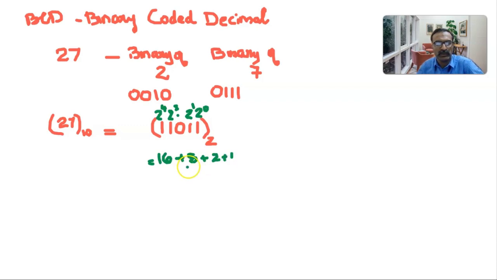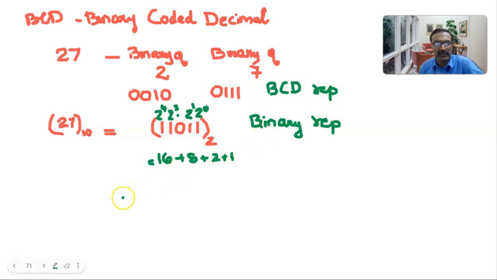So 16 plus 8 is 24, 25, 26, 27. This is the binary representation, and this is the binary coded decimal representation. Please understand this: binary coded decimal and binary representation are two different representations.